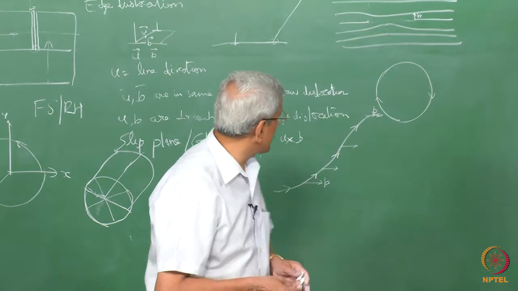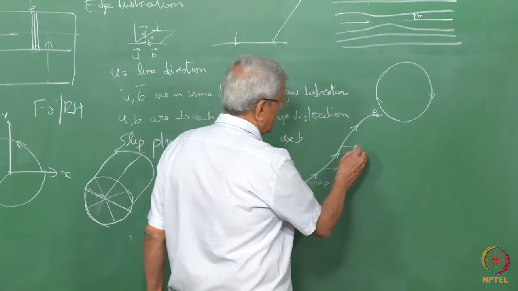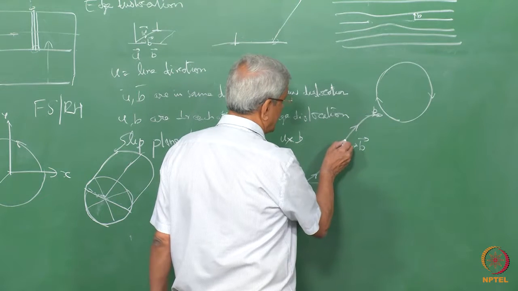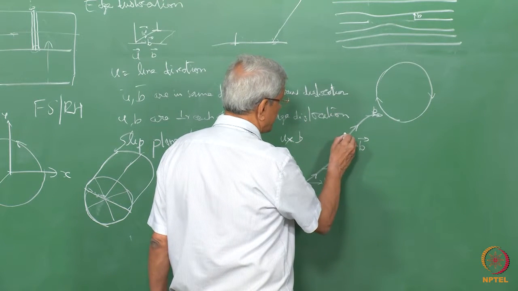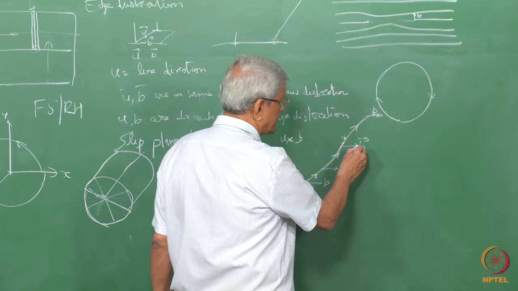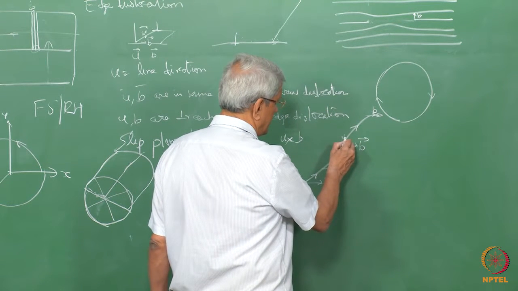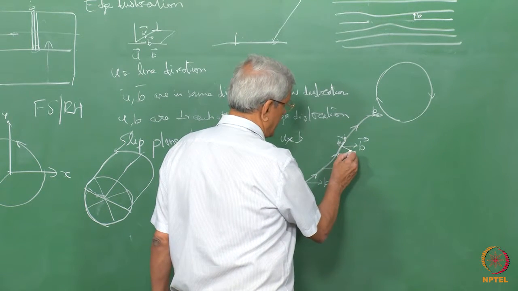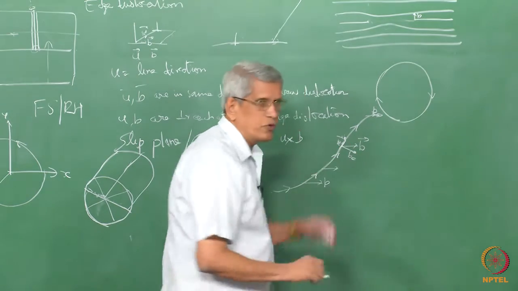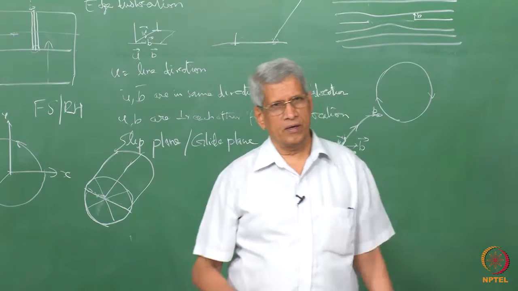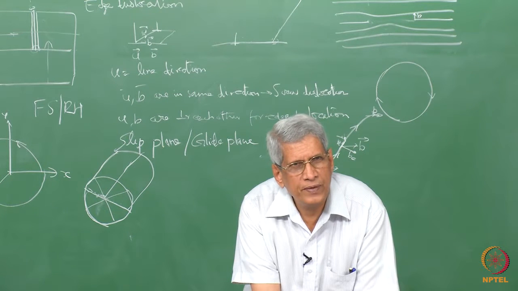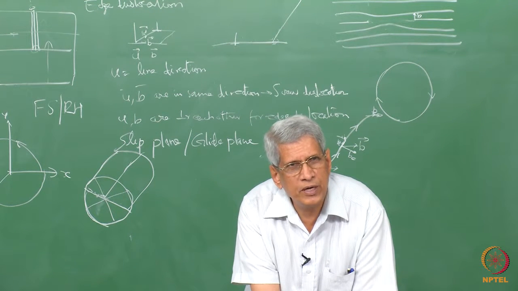So if it is of a mixed character, if we know the Burgers vector, because that is the lattice translation vector, and if the line direction here is u, I can find out the component of this Burgers vector in this direction as well as perpendicular to it. I will call this bS and this bE. These two define the components of the Burgers vector, correct? bS is essentially the screw component of the mixed dislocation and bE is the edge component of the mixed dislocation.